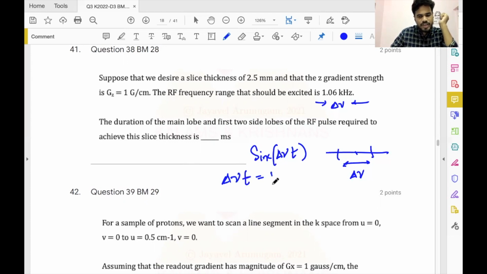So from this, we can find T for the first lobe. The time duration we want is for the main lobe, that has two T, and then the two side lobes, each lobe has a T, so plus T plus T. T is 1 by delta nu, so the answer is 4 by delta nu.